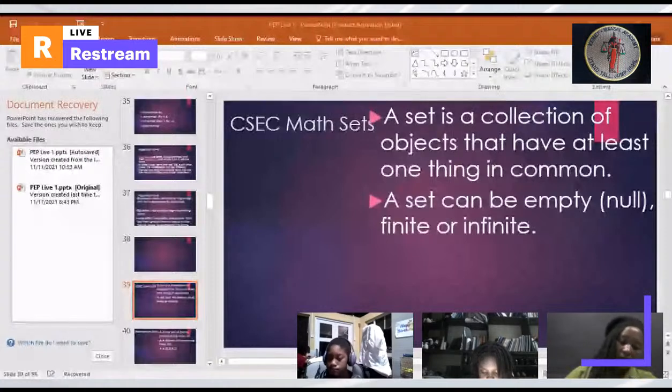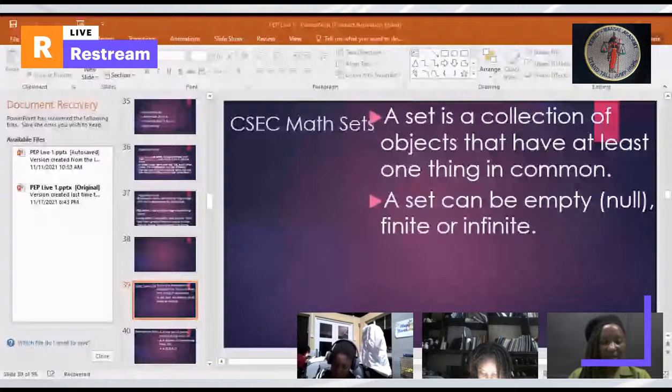All right, so a set, by definition, is a collection of objects that have at least one thing in common. And it also said we can have finite sets, infinite sets, or null sets.